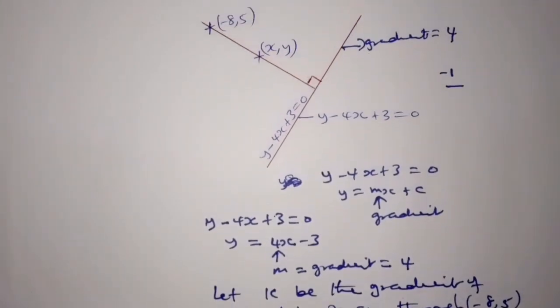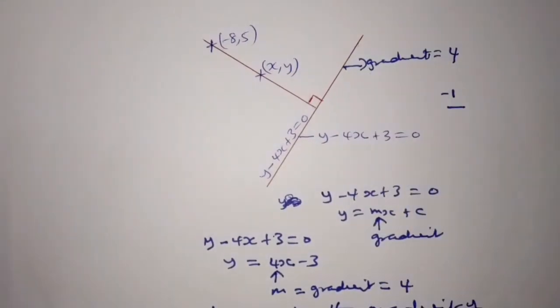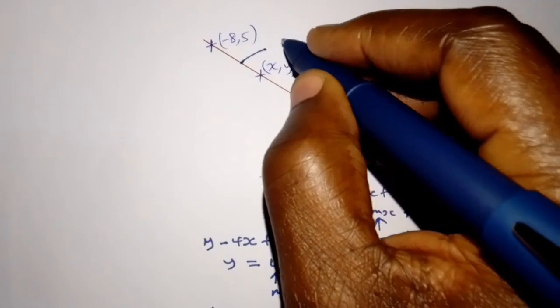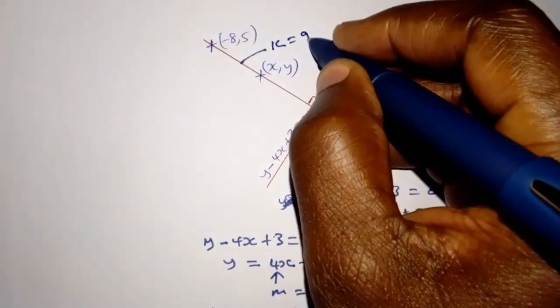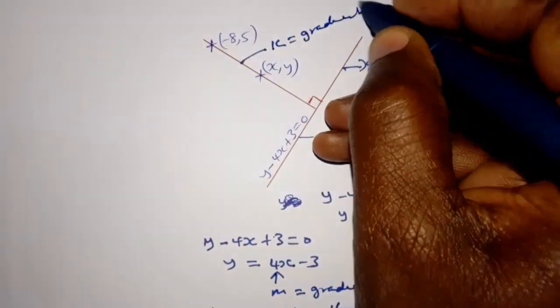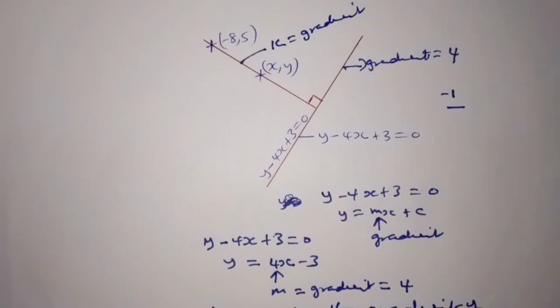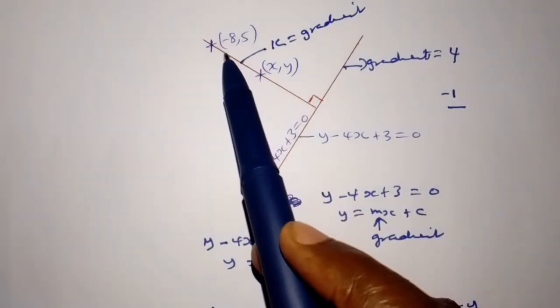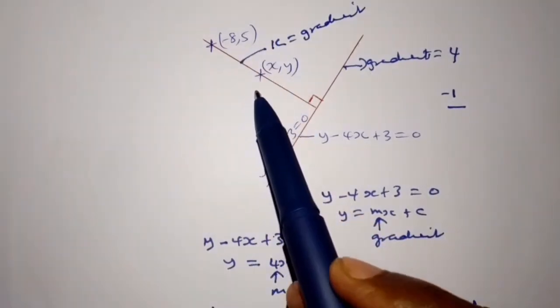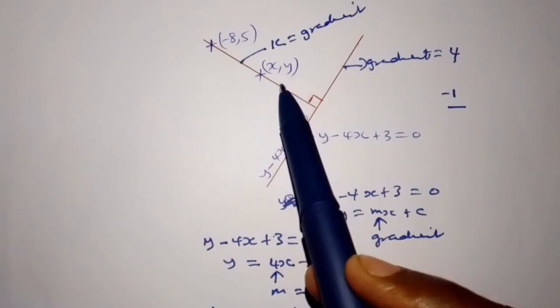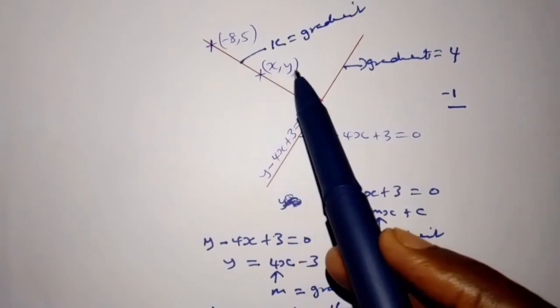In this line we have the point -8, 5. Let's say that the other point is x, y.